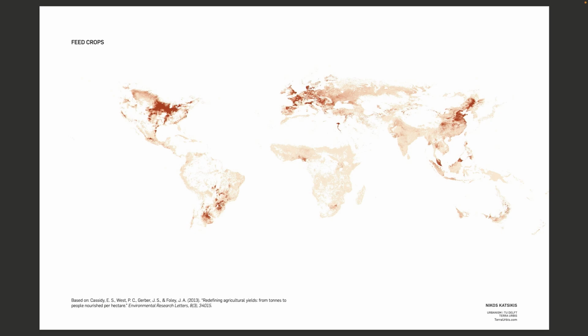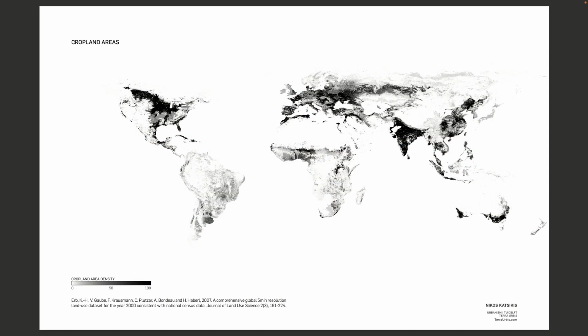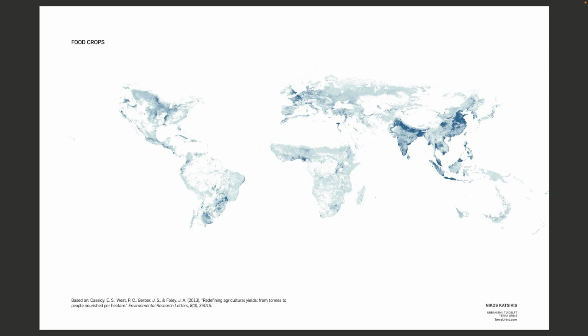So you see that most of agriculture in Europe, in North America, also in South America increasingly, is not feeding people, right? It's not for supporting nutrition, it's for supporting animals, right? And you can understand now also how important it is to go a bit beyond these abstractions of farmland and all these things, right? So this is how it looks if we overlay it. You have a better understanding now.